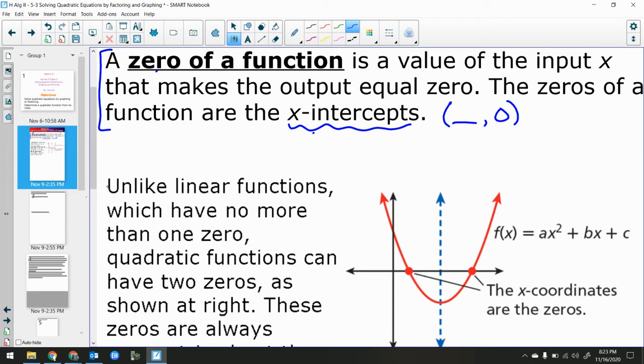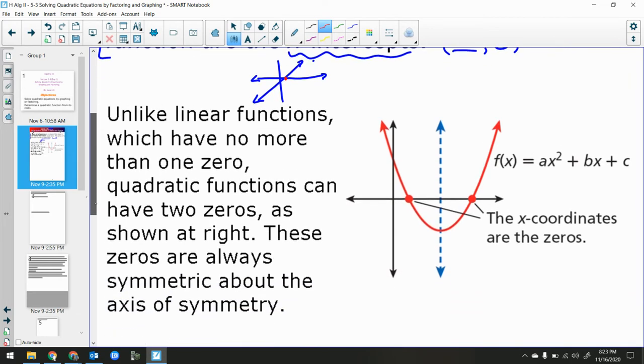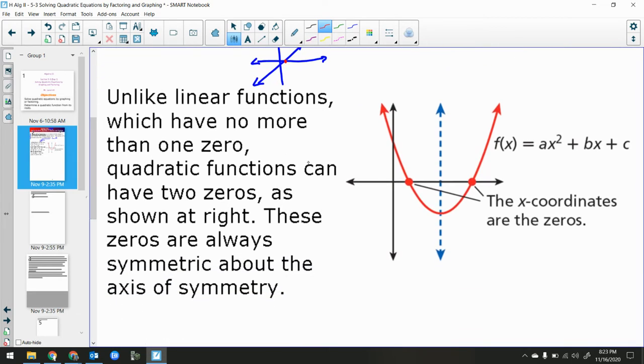Unlike linear functions, which have no more than one zero, if you think about a line here, here's my axis. The zeros of a linear function, well, I'm just going to have one place where it crosses the x-axis. It's never going to be more than once, right? Because it's a linear. Unlike linear functions, quadratic functions can have two zeros. Can have two zeros. It doesn't have to have two zeros. There's actually three different options that it could possibly have.